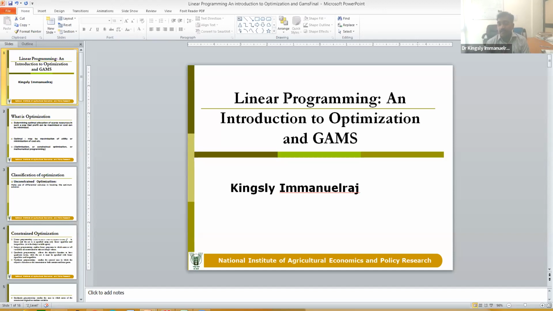Linear programming studies a case in which the objective function is linear. That means our goal is linear. Sometimes our goals are linear, sometimes our goals are non-linear. Take our own example.